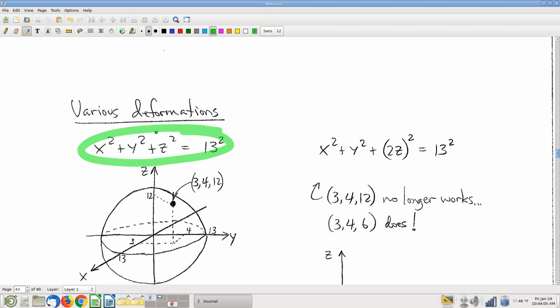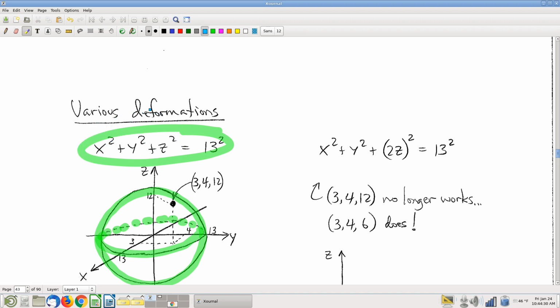Now, I argue that this equation here is clearly a sphere. Now, why is that clear? A couple of different ways you can see that. For one thing, this has rotational symmetry around the z-axis, but it also has rotational symmetry around the x-axis, but it also has rotational symmetry around the y-axis.